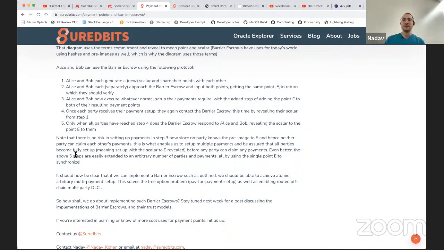HODL HTLCs or HODL invoices are essentially long-standing payments, so they don't complete immediately. They get set up, and then they stay in that state, locking up the capital along the route until some future date when the payment actually gets settled. So it's a delayed settlement Lightning payment in which all of this capital gets locked up.